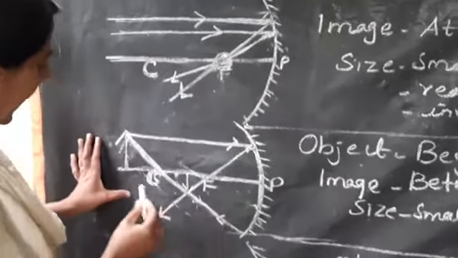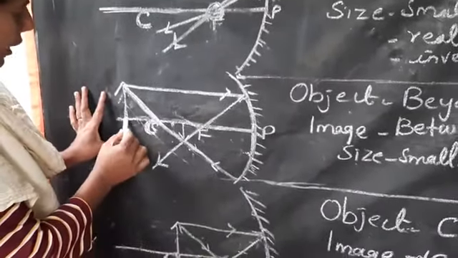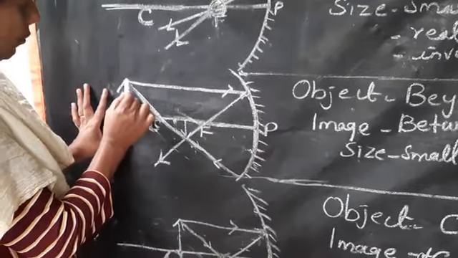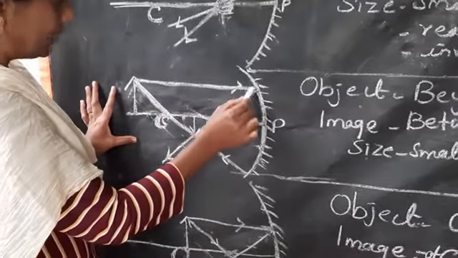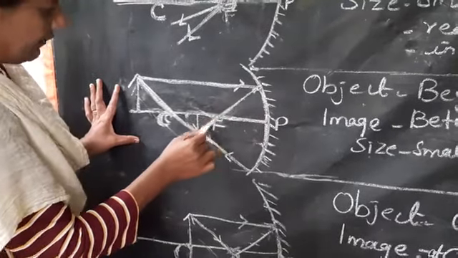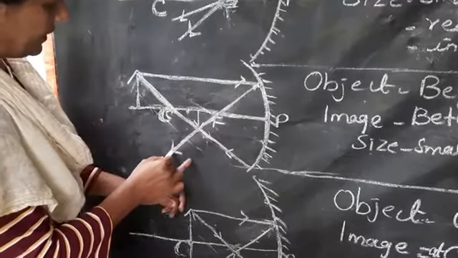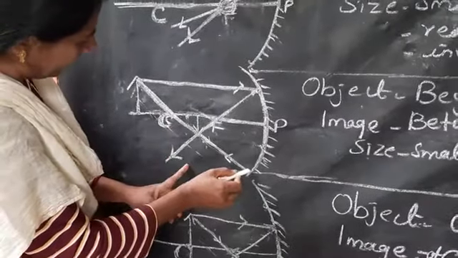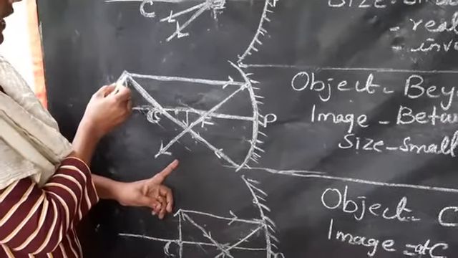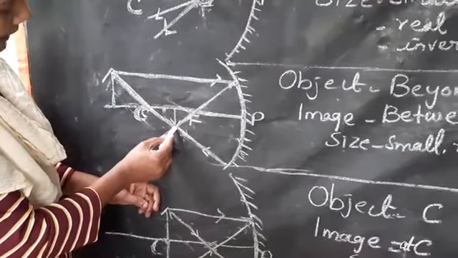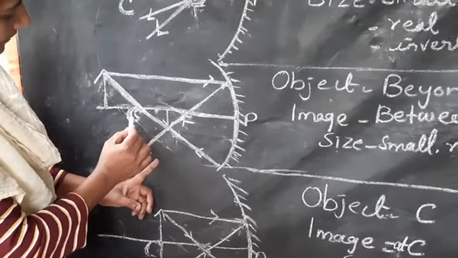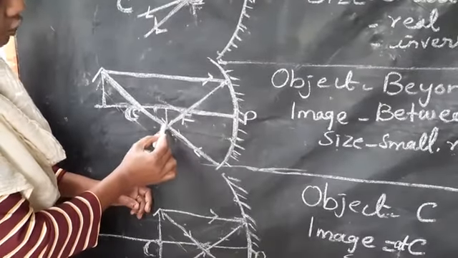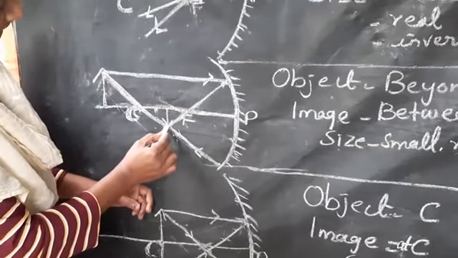In the second case, the object is beyond C. So, one ray is coming parallel to the principal axis, reflects back through F. Another ray, if it passes through C, reflects back the same way itself. Where do they meet? They meet between C and F. Look at the size, small size.